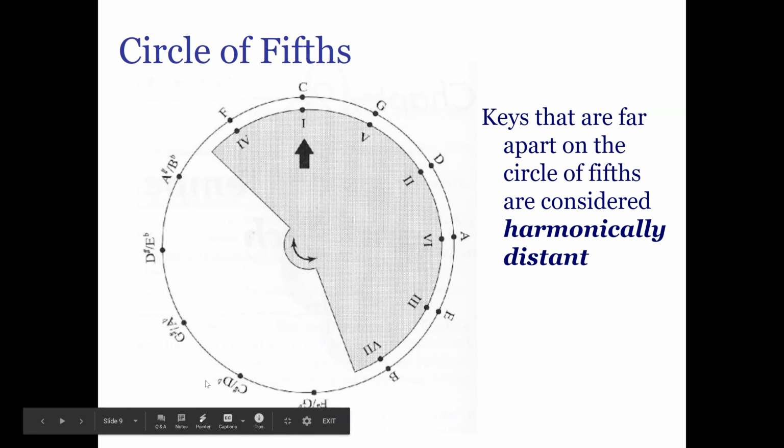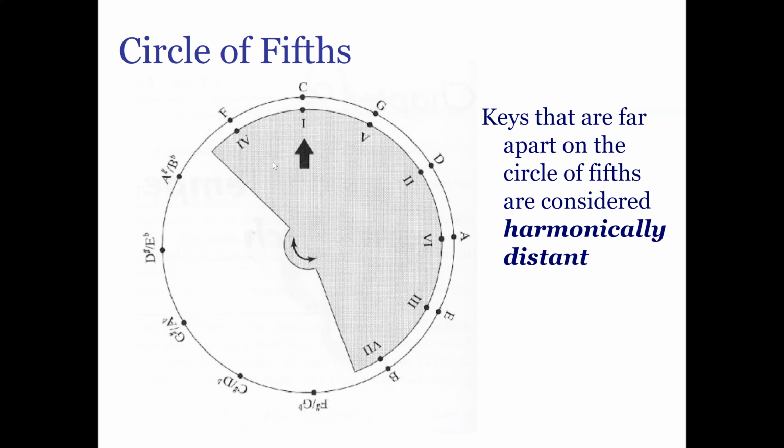Notes that are very close to one another on the circle of fifths, whether you're going this way or this way, sound very similar. When you tune the fifths well, these are all going to sound very good.